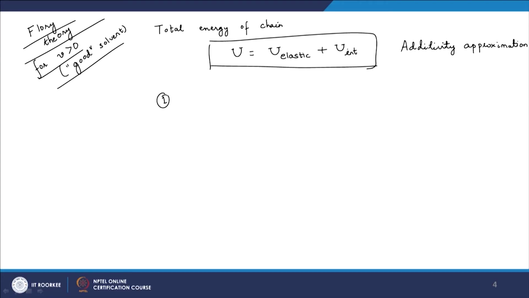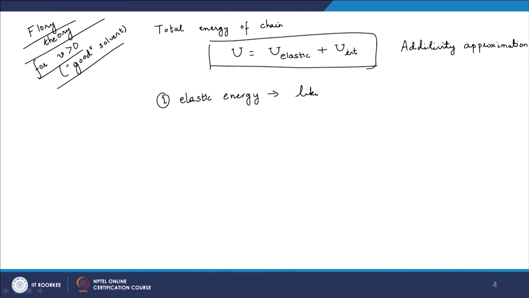Now, what Flory said is that the elastic energy is the same as it is for the ideal chain. Which means that the elastic energy scales like R squared by N b squared.